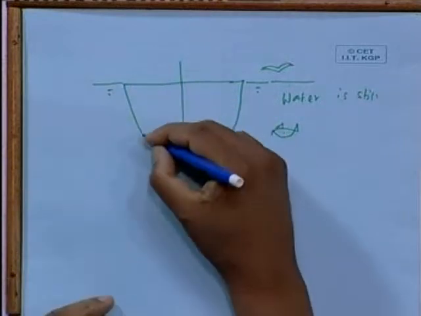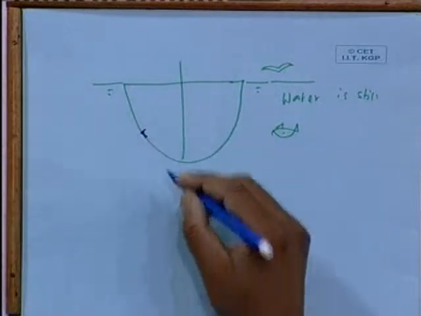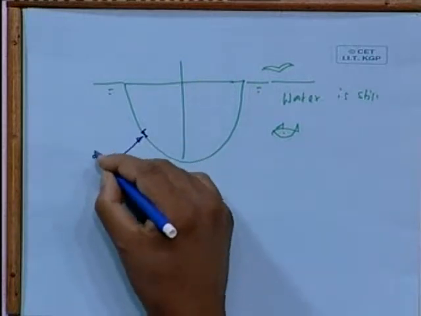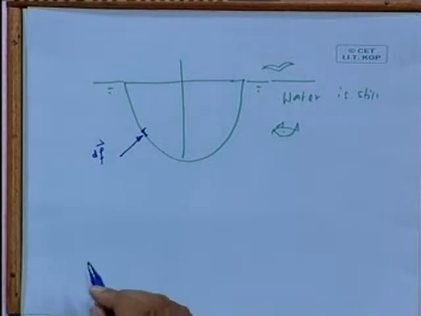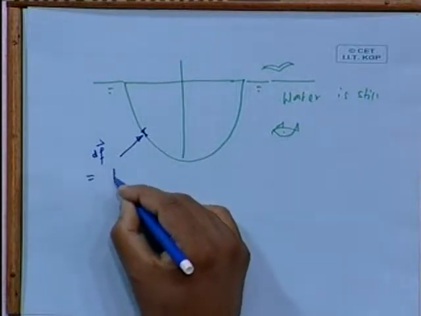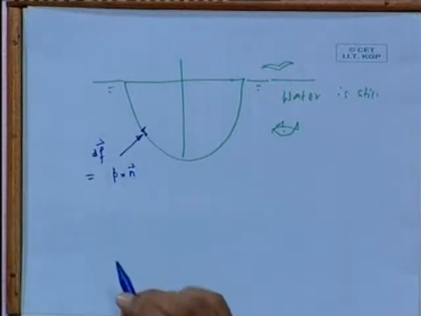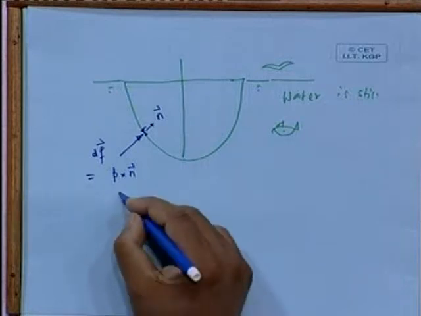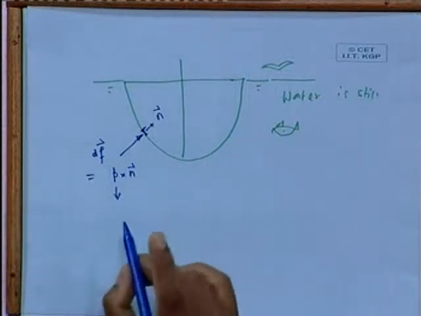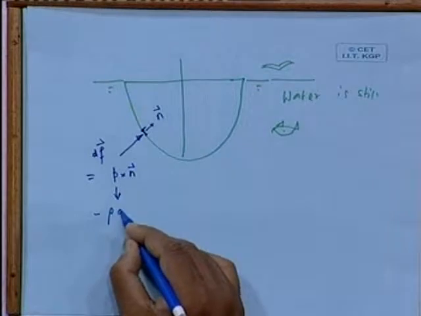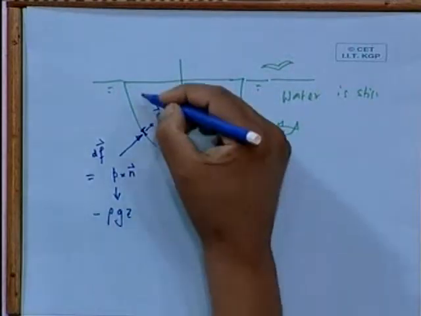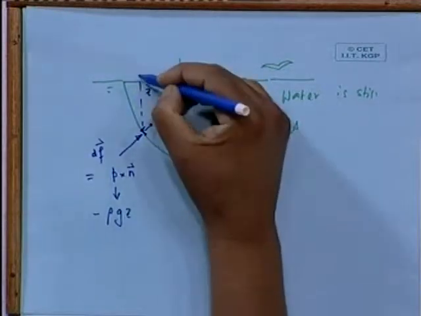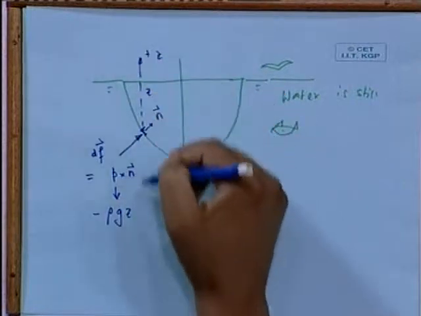Now you take some point here. What is water doing? Water is giving a small force here, dF. What is this dF? This is actually pressure into the normal vector, where n is the normal vector. What is P? P is the hydrostatic pressure given by minus rho g z, where z is positive up, so I am saying minus.